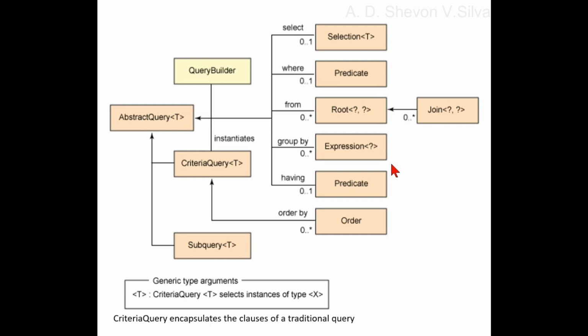Interface Expression<T>, where T is the type of the expression, the type for query expressions. Interface Order, an object that defines an ordering of query results.